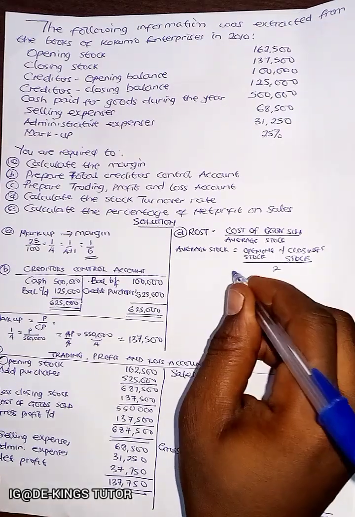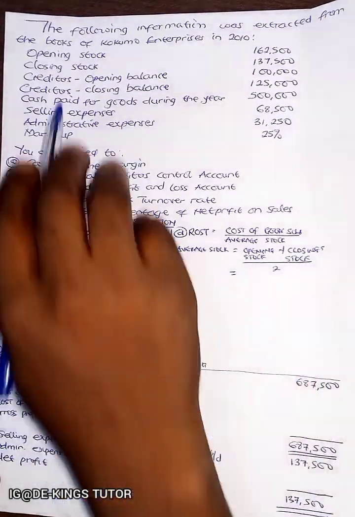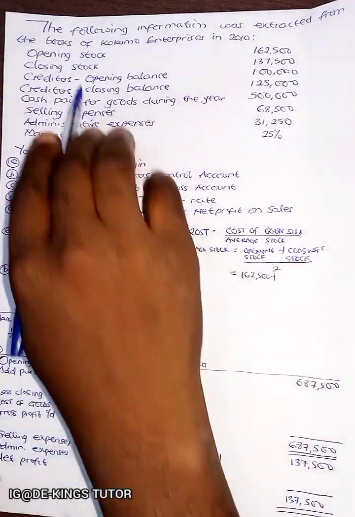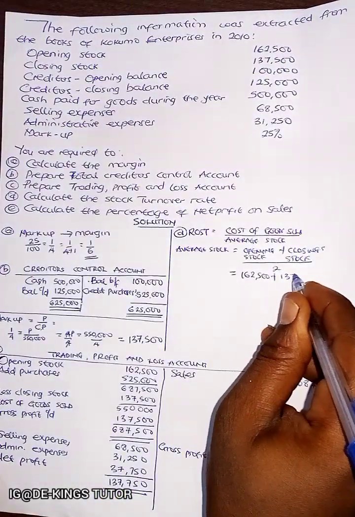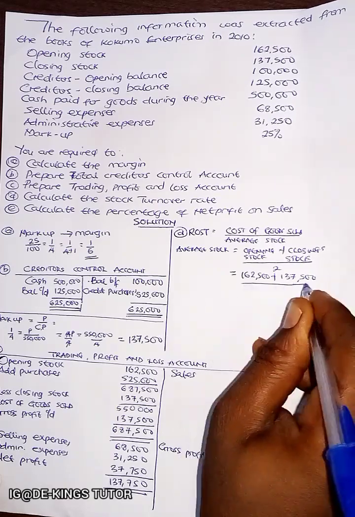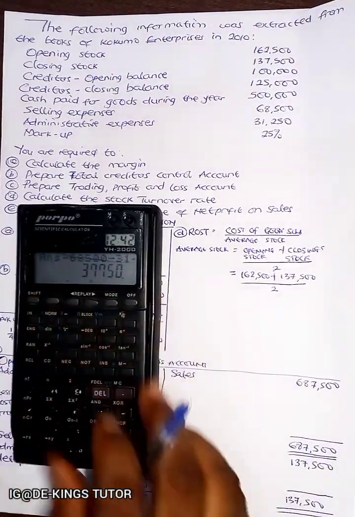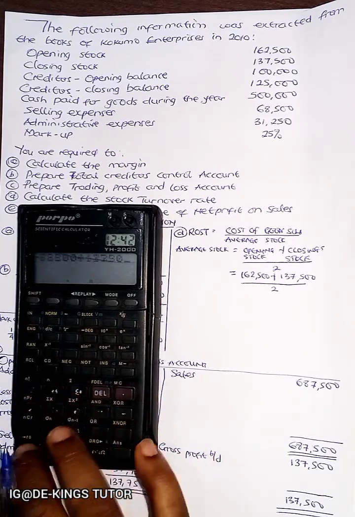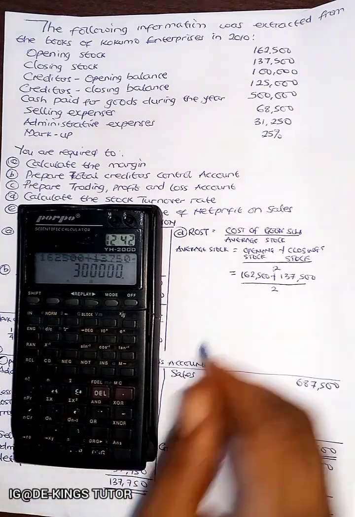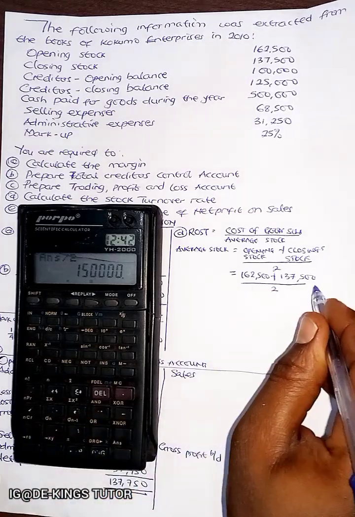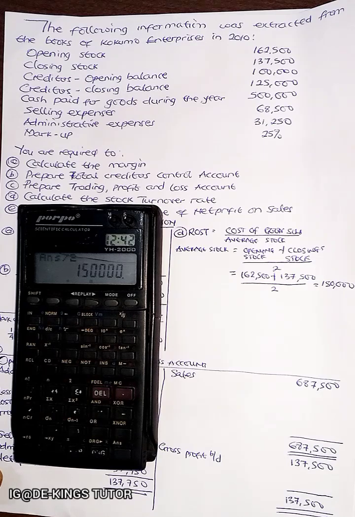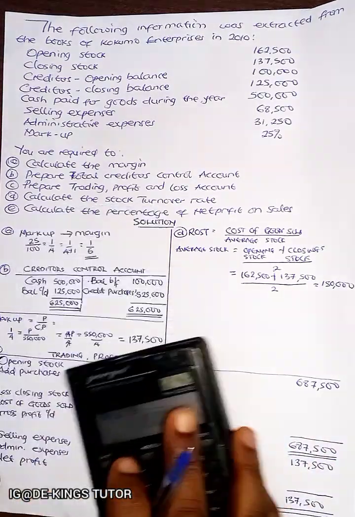Opening stock is 162,500 plus closing stock 137,500, which is 300,000, divided by 2. This gives us 150,000 as average stock.